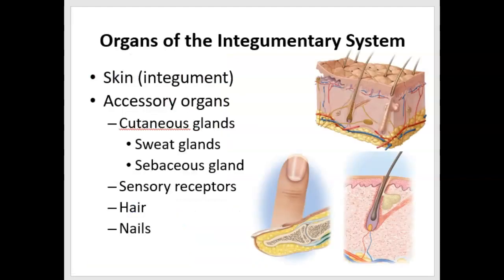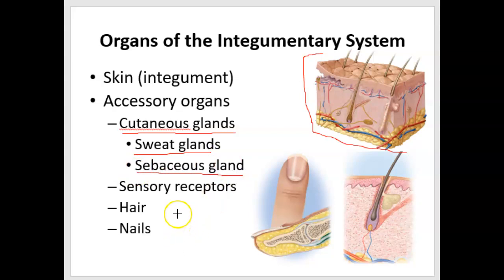So the organs of the integumentary system, of course, include the skin, and there's a picture of the skin in the upper right. There are also accessory organs related to the skin. Cutaneous glands. Cutaneous refers to the skin. These glands include sweat glands and sebaceous glands.